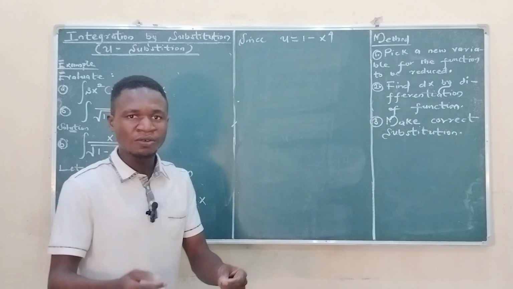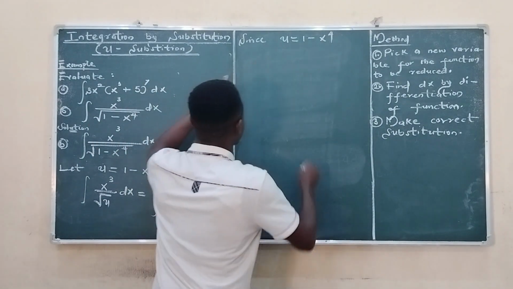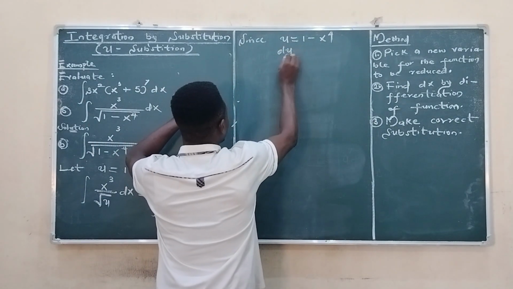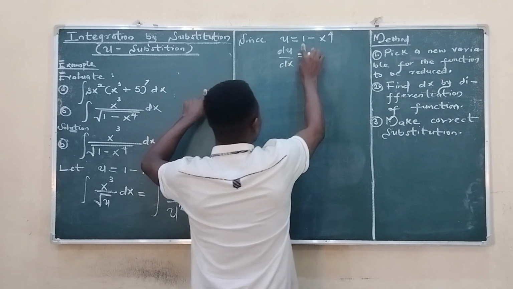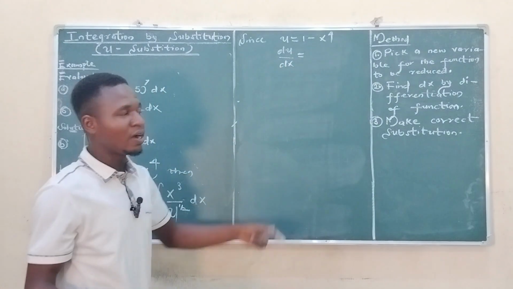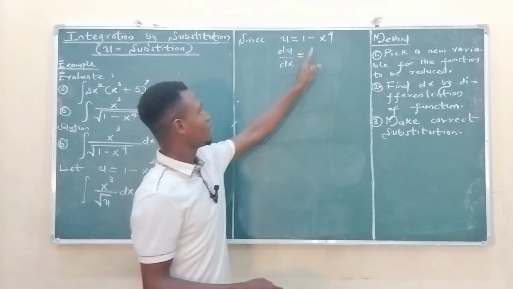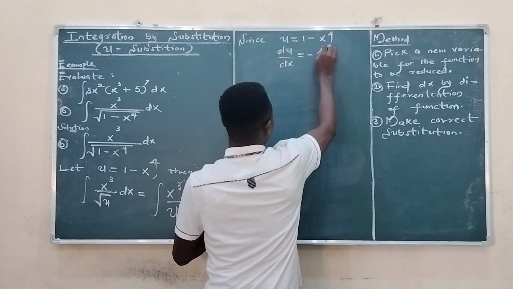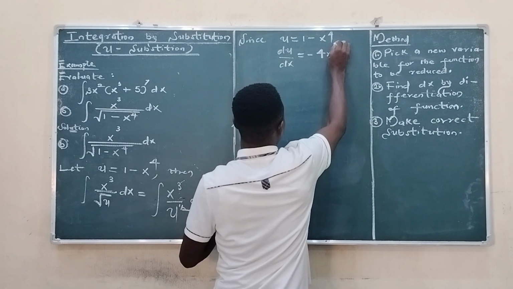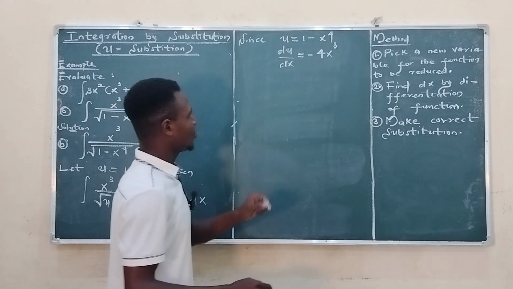Differentiating this now, we have that du over dx is equal to, differentiating a constant 1 is going to give us 0. Differentiating minus x raised to the power of 4 is going to give us minus 4x raised to the power of 3. That is the result of that now.